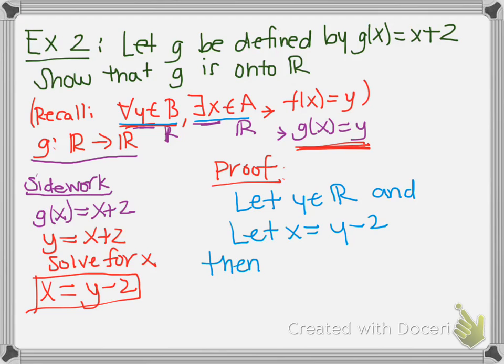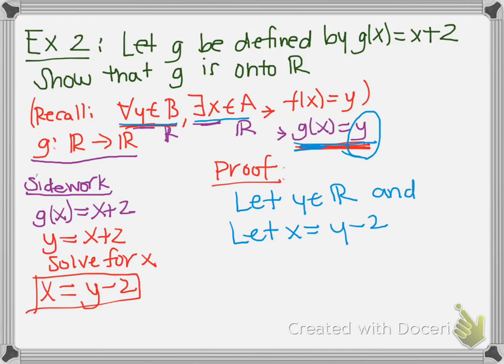Then, now you're trying to show that G of X equals Y. So let's start off with G of X, knowing that X is equal to Y minus 2. You start off with that part, but you can't jump to the Y part yet. You have to show it gradually.